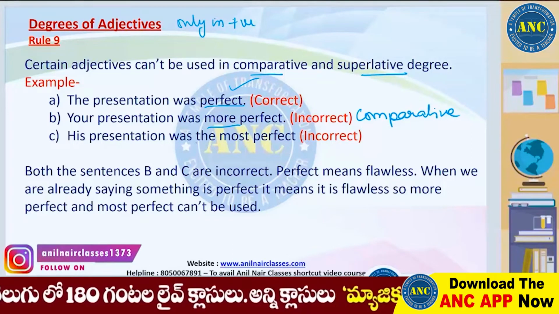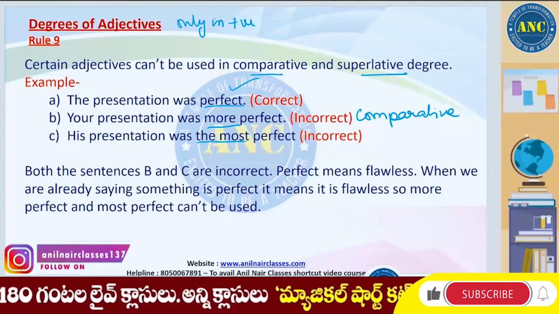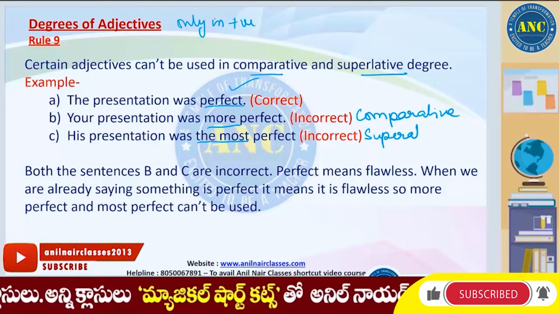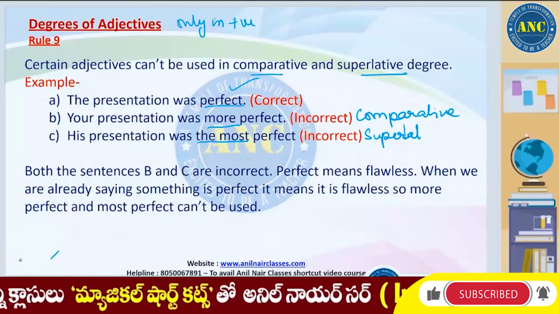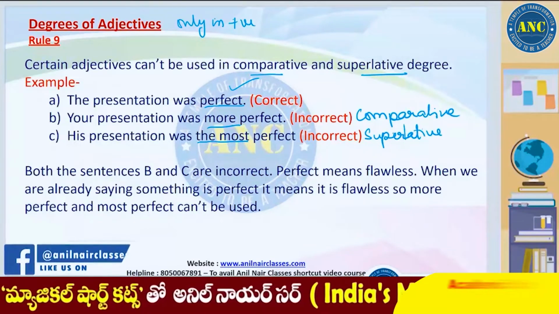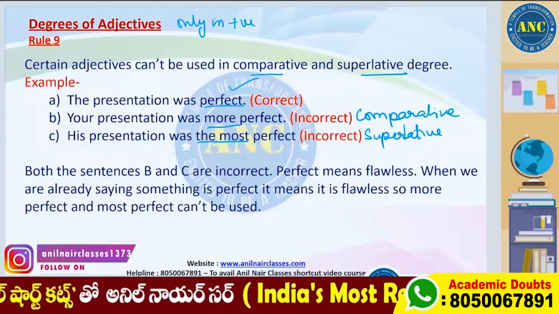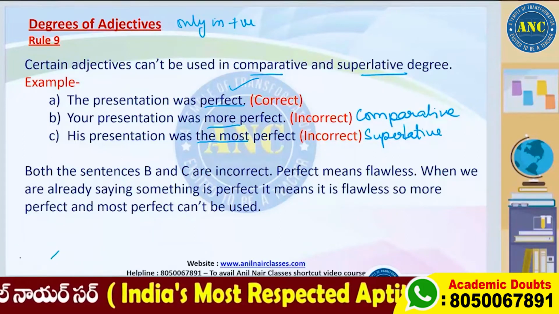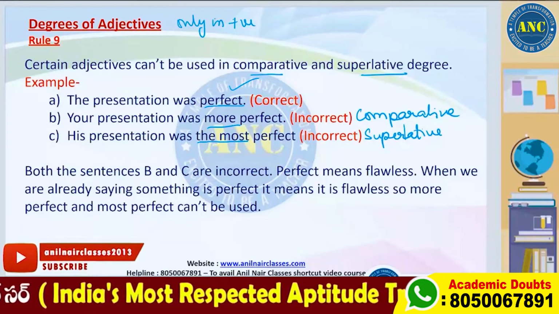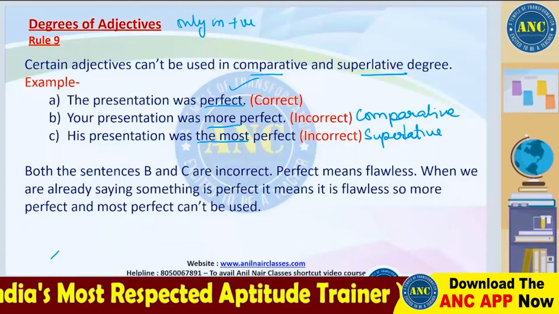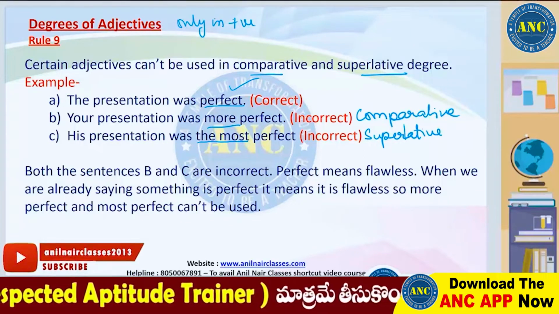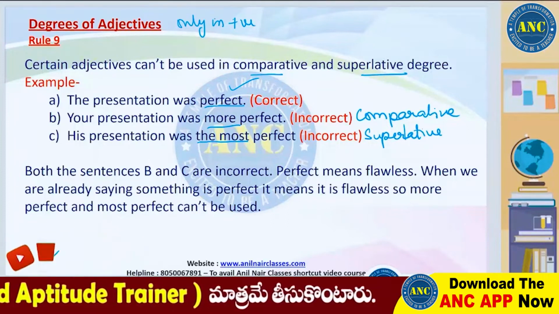Now we don't need the most, only perfect is fine, because the most is superlative, and we know that we cannot use it in the comparative and the superlative degree format, right? So both of them, B and C, are incorrect because they have used the superlative and the comparative degrees, whereas this word perfect can be used only in the positive degree, right?